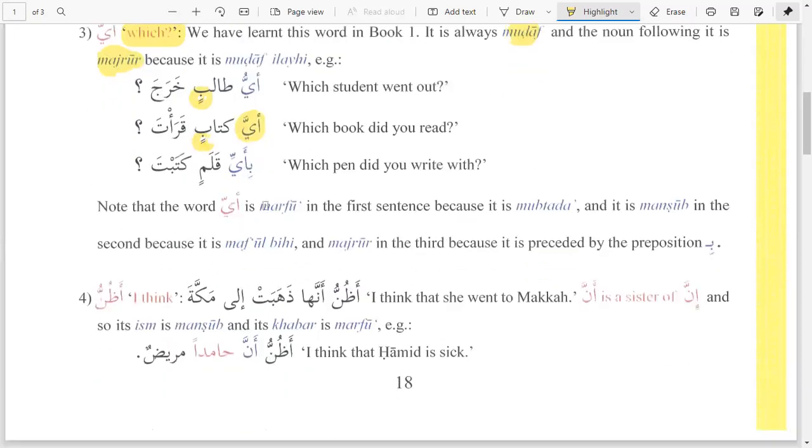And if there is a preposition, bi ayyi qalamin katabta, which pen did you write with? So we can say with which pen did you write? This ba is a preposition and it means with.